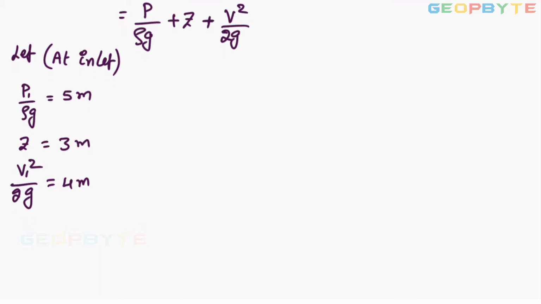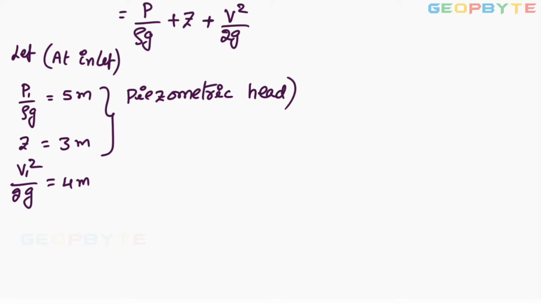For this information, the piezometric head can be found from these two values. Piezometric head at the entrance at state 1 is equal to the sum of the pressure head P1 by rho g plus Z1. Here 5 plus 3 is equal to 8 meters. That is the piezometric head at the entrance.